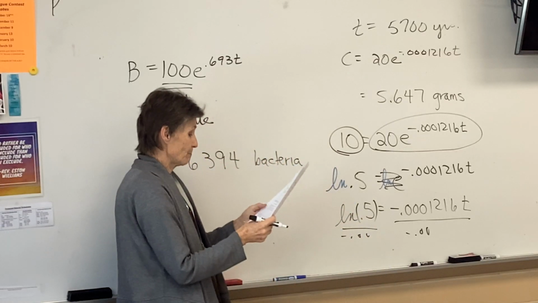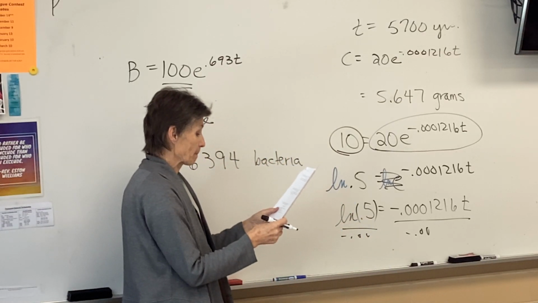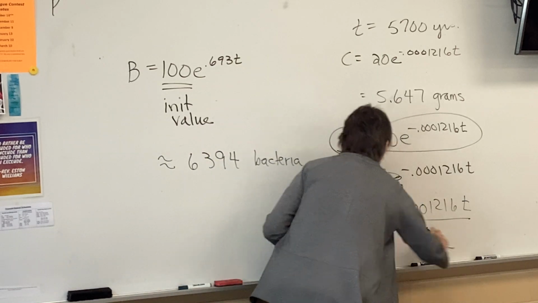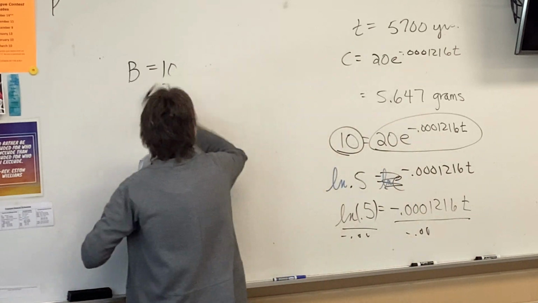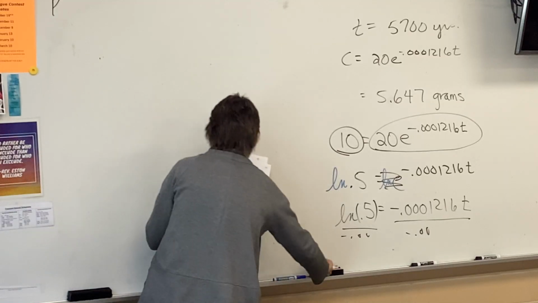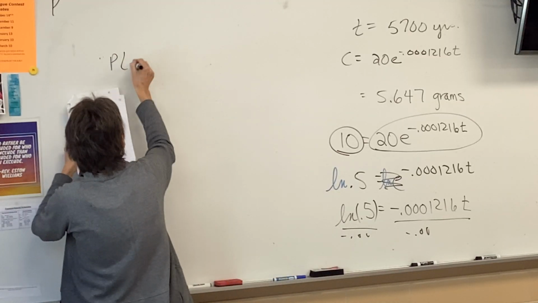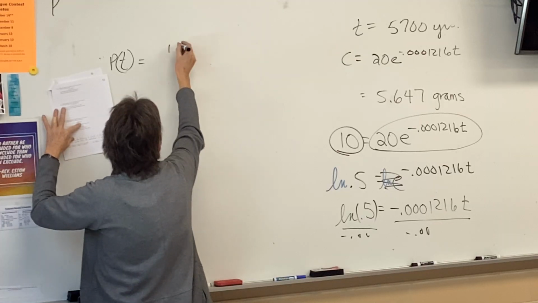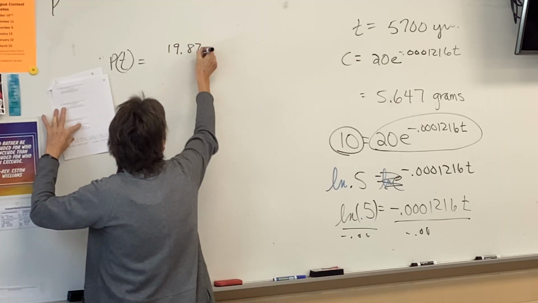All right, one more. Letter C. Population growth can be modeled by this equation. Notice, you're not asked to write any equations, they're giving them to you. You're just using them.